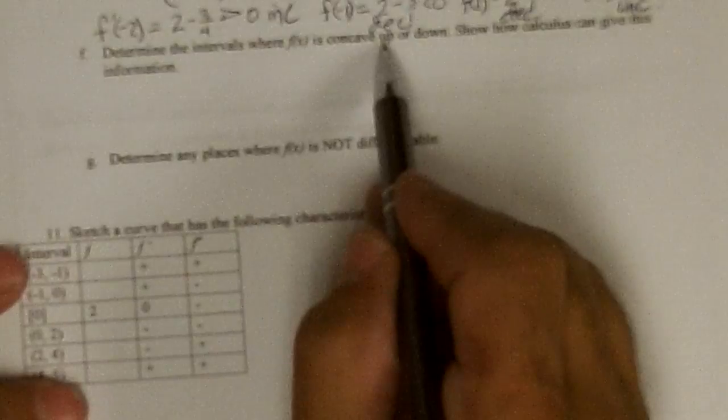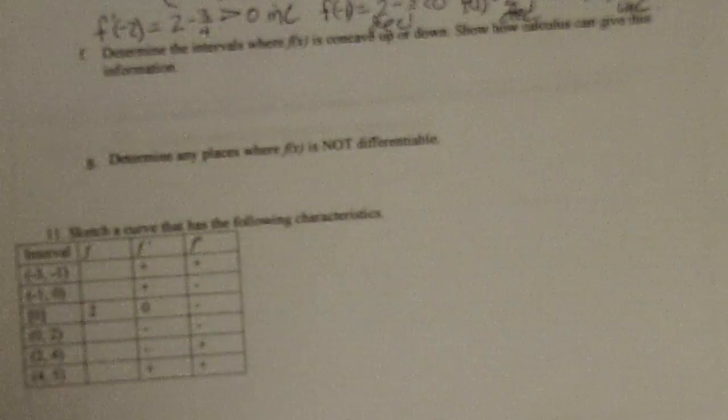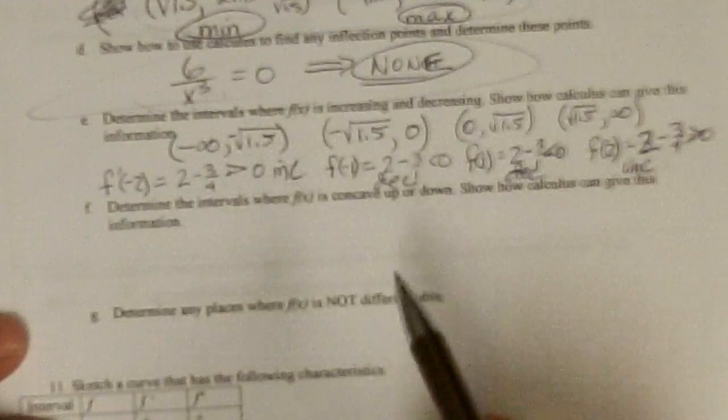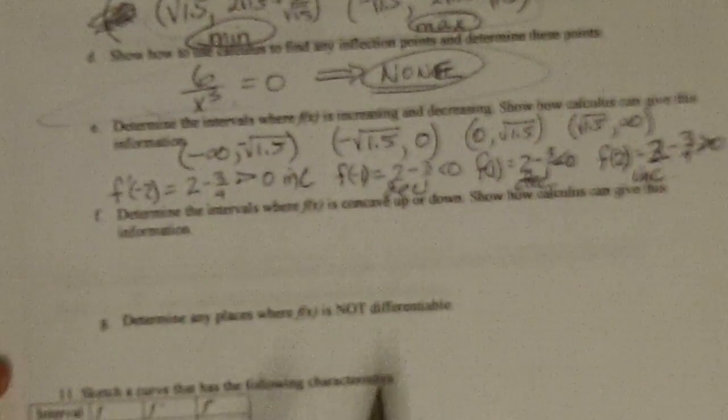Determine the intervals where f is concave up or down. Show how calculus can give this information. So there was no inflection point, so it's always concave one way or the other, except for that asymptote in there, but we can check.